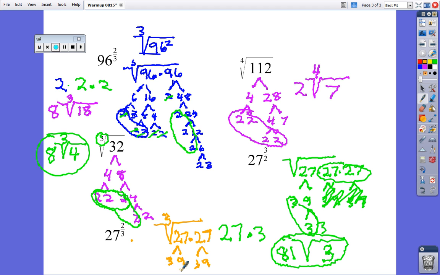And then I can take that 9 and we can make that also 3 times 3. And there's a triplet. And of course here I have 3 times 3 times 3. So there's 3 triplets. I can pull a 3 from that, 3 from here. There's nothing left in the radicand. And 3 times 3.